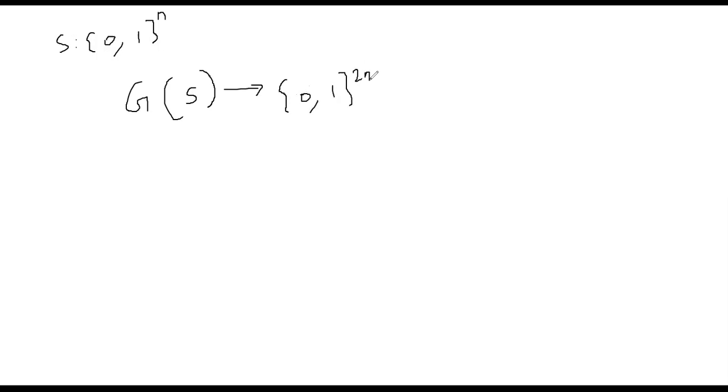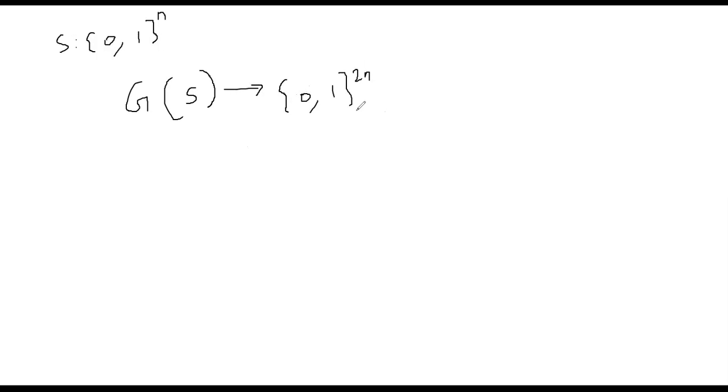So you send in an n-digit number to G, and it gives you a 2n-digit output. Say, for example, if n is 10, you get a 20-digit output. That's nice, right? You are sending a small number and you get a large number. But what about the quality of G of S?